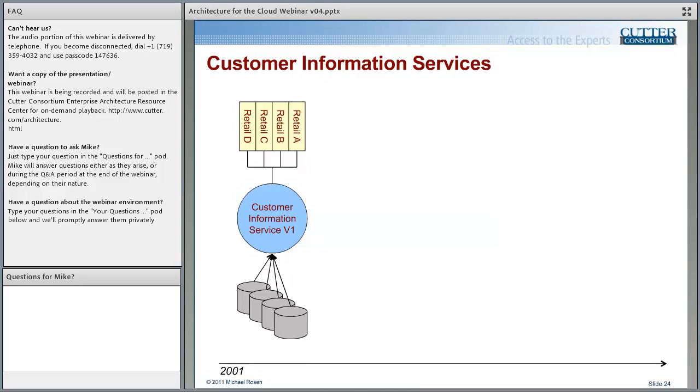Then over a period of time, they added more and more lines of business, more and more data sources into a much larger customer information service. This took about 5 years, and they spent over $10 million to achieve this hugely integrated customer information service with 80 different products using that service.